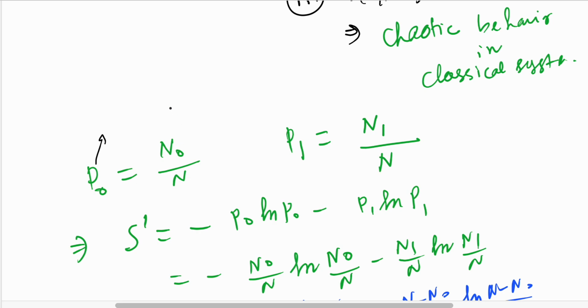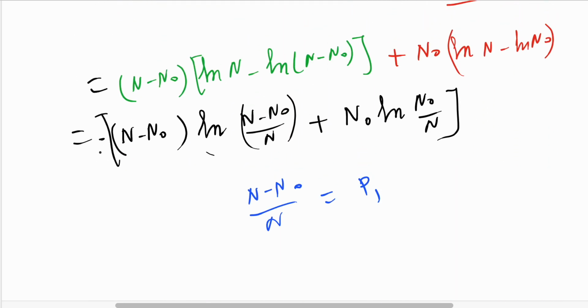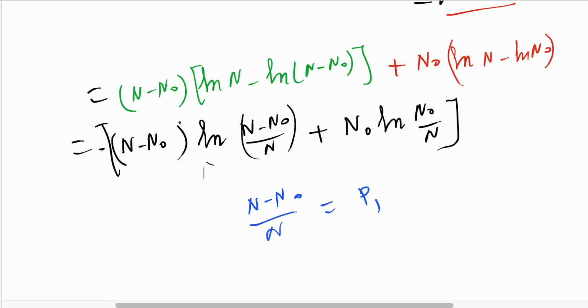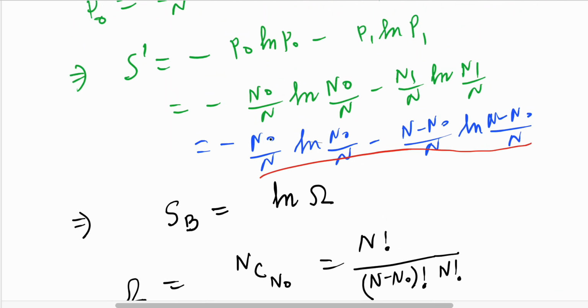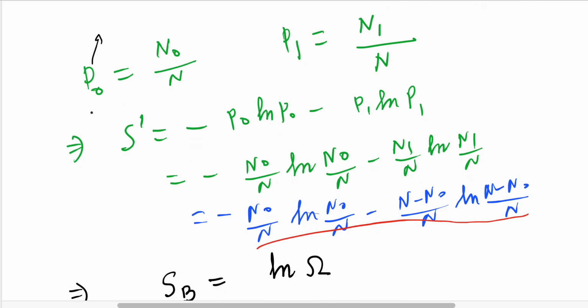Here, however, the entropy is for the whole system of n particles. So this is actually the entropy of a single particle.